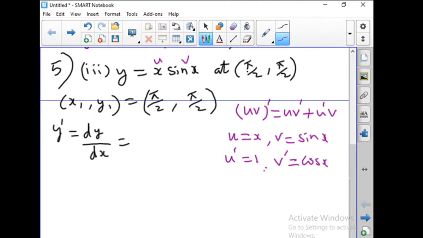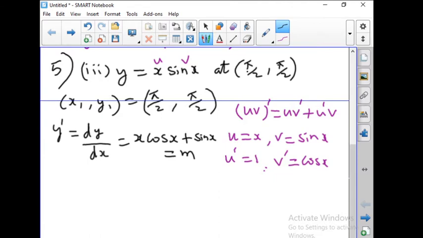Therefore, dy by dx is equal to uv dash, so x into cos x, plus u dash v, 1 into sin x. So this is nothing but m.